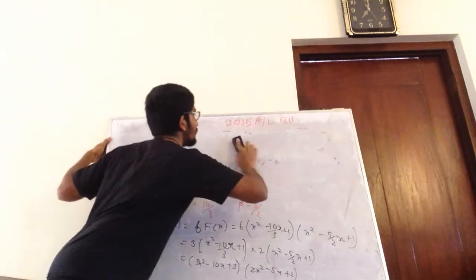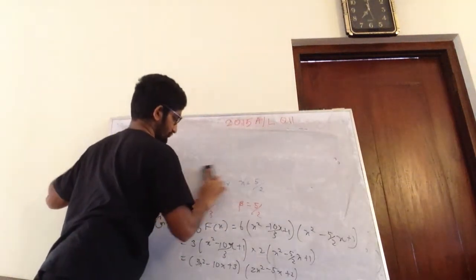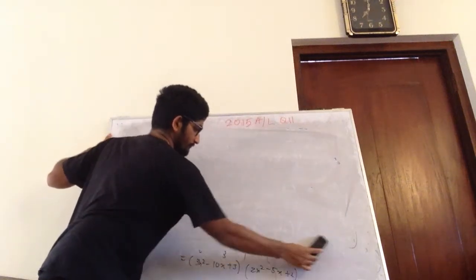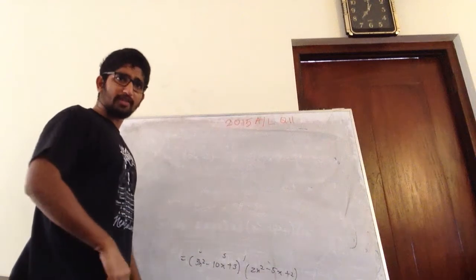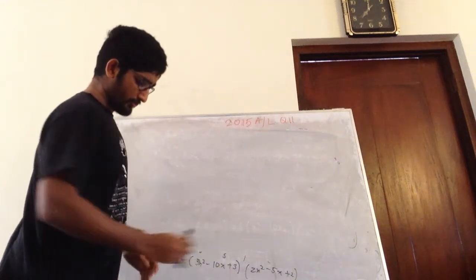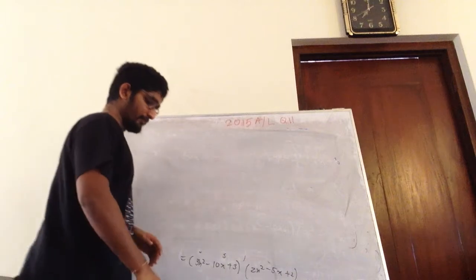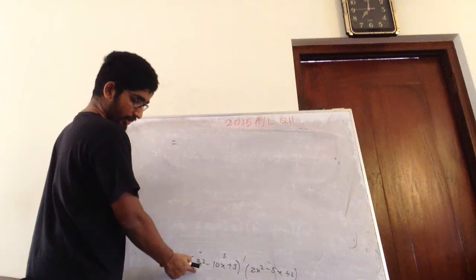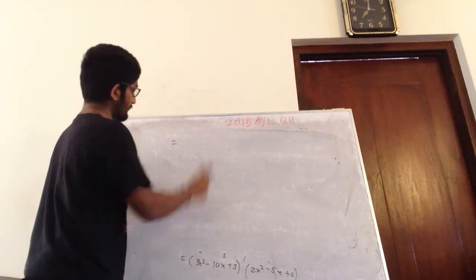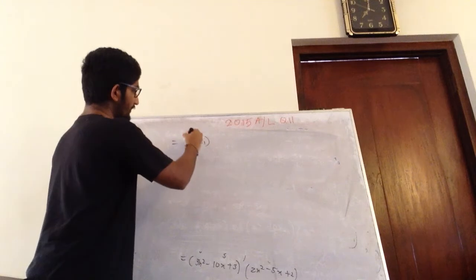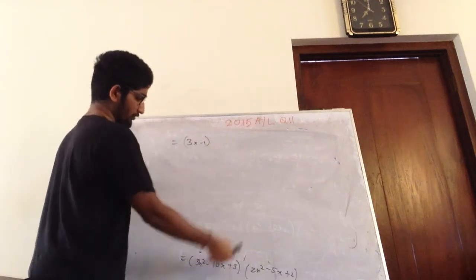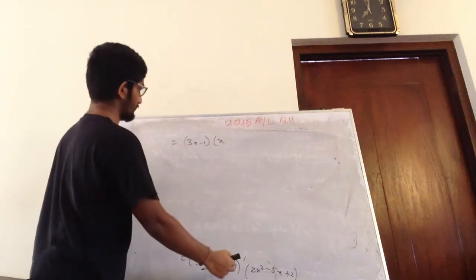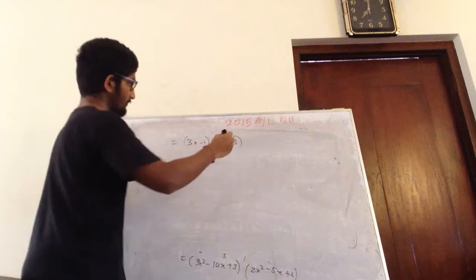Now we need to find the factors of this. So when you find the factors, you can straight away find them: (3x minus 1)(x minus 3).